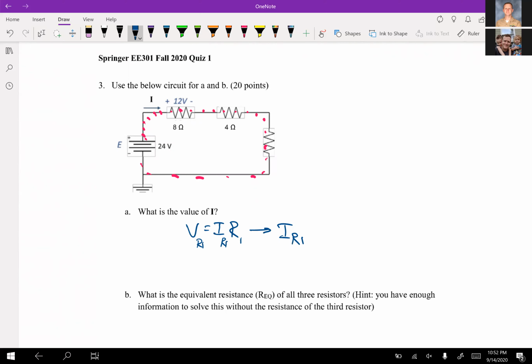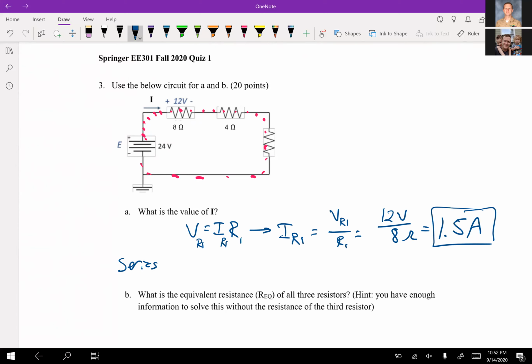Rearrange for IR1: V across R1 divided by R1, 12 volts over 8 ohms, 1.5 amps. Because it's in series, I total equals IR1.